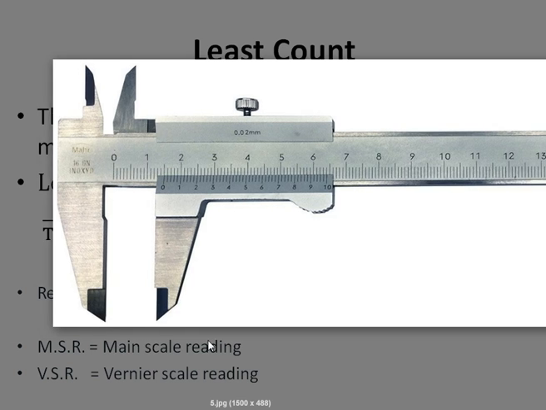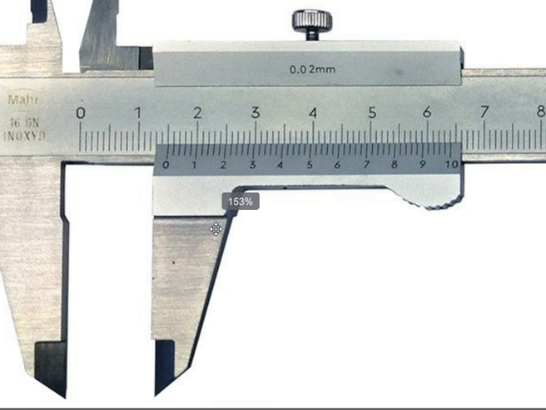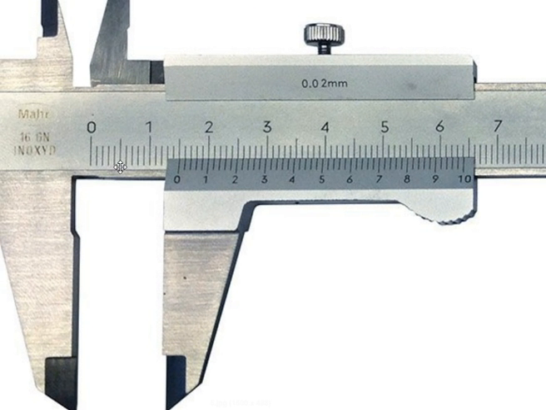If you look at the previous Vernier caliper, here if I match this 0 with this 0, this 50th line will match with the 49th line of this main scale, and that 1 mm value will again be divided into 50 divisions, so that gives the least count, which is 0.02.